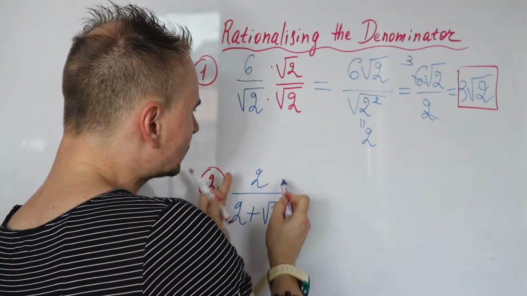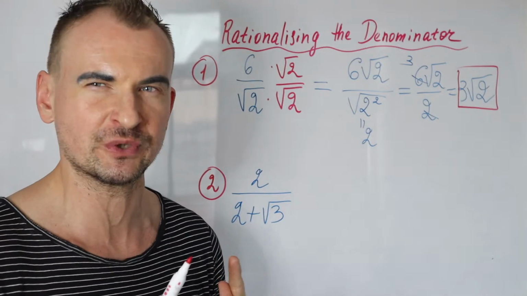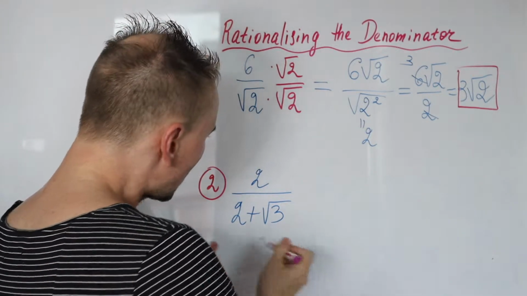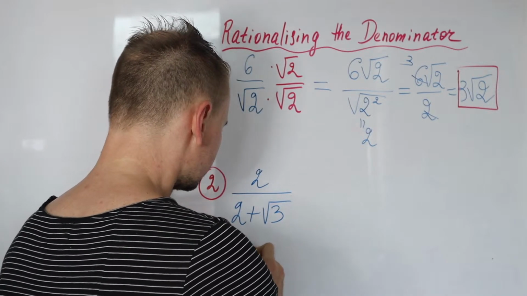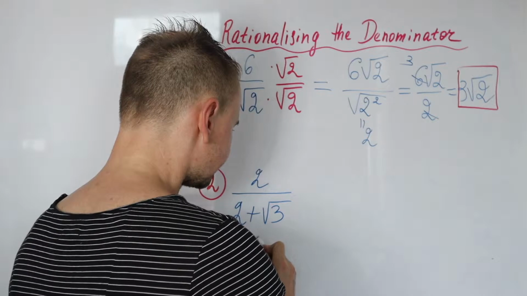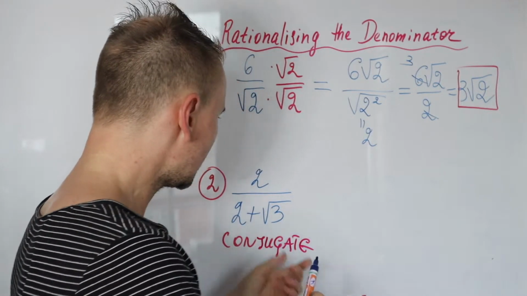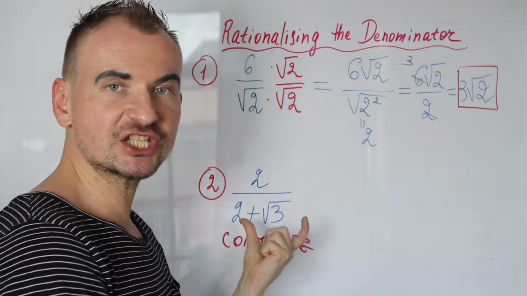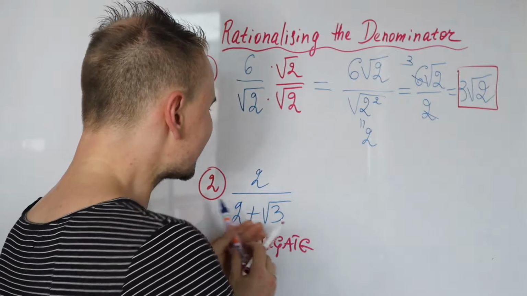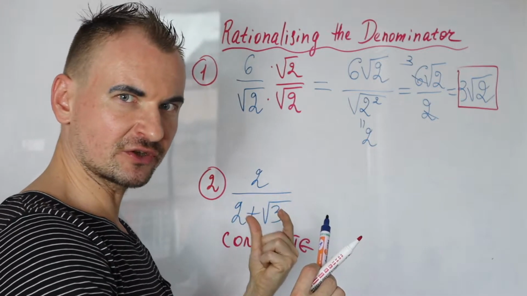You can multiply top and bottom of this expression by the conjugate. Conjugate. What is the conjugate? Conjugate, it's just the same expression as your bottom, but the difference is you flip the sign in the middle. You change it to the opposite.